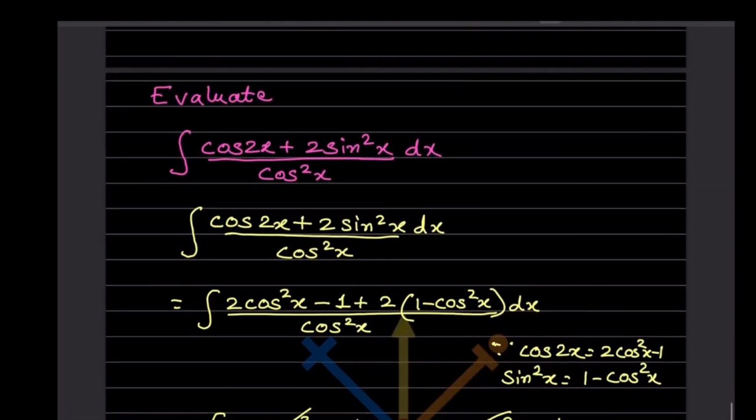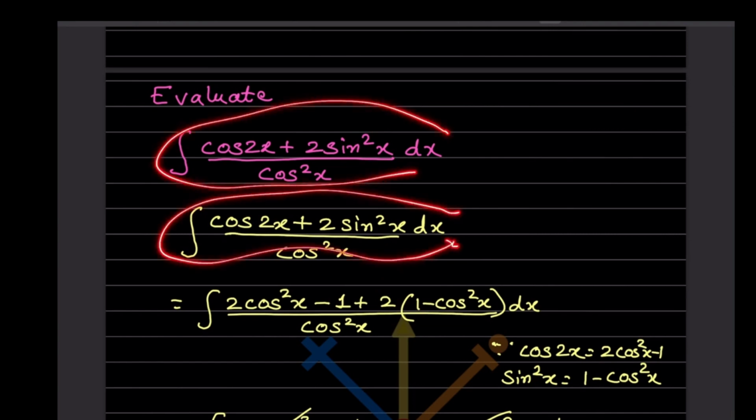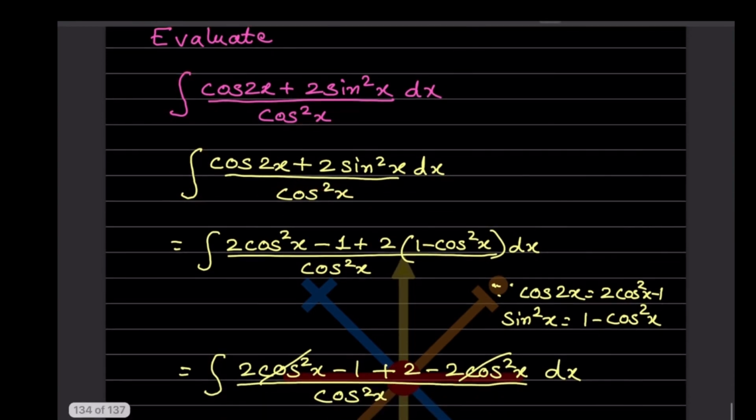Now we are going to evaluate this one. Look at here, this is the question, the same thing is written over here. We can also write cos 2x, the formula is 2 cos square x minus 1, and for this one we write plus 2.